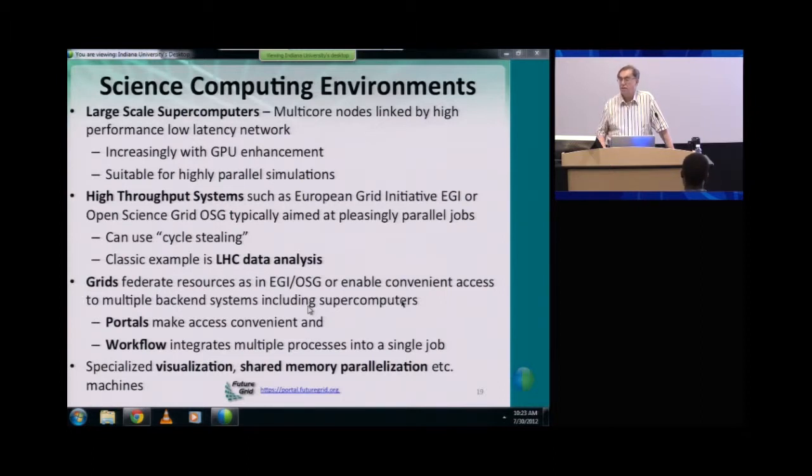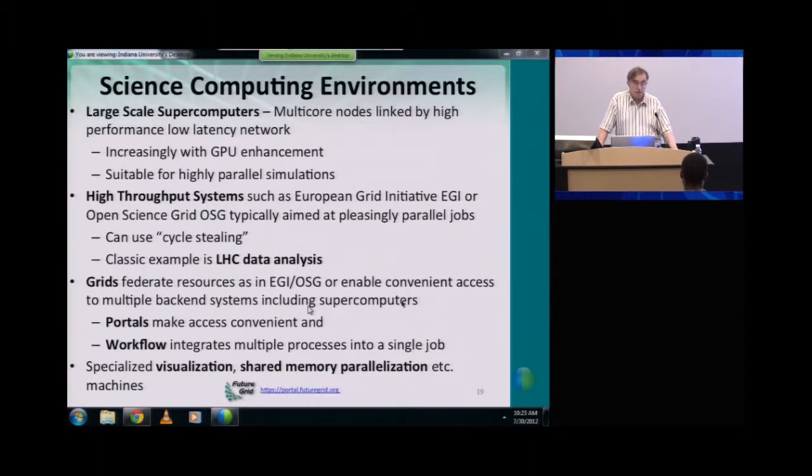They're loosely coupled because the events at the Large Hadron Collider can be analyzed independently. So high throughput computing is important, and in the US the Open Science Grid has a big emphasis there, and in Europe the European Grid Initiative is a major focus.